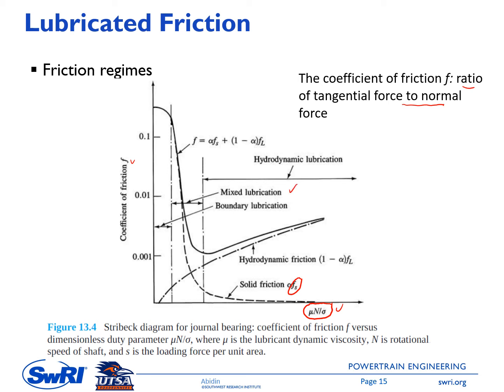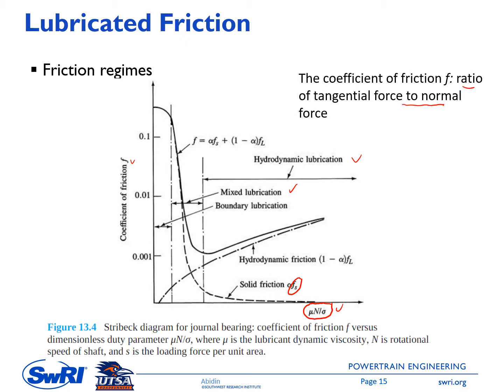regime. So some parts might still have metal to metal interaction, but other parts might already have lubrication in between. And then as the load increases, we will enter what is called hydrodynamic lubrication. So it means between two metal surfaces there is full lubrication.